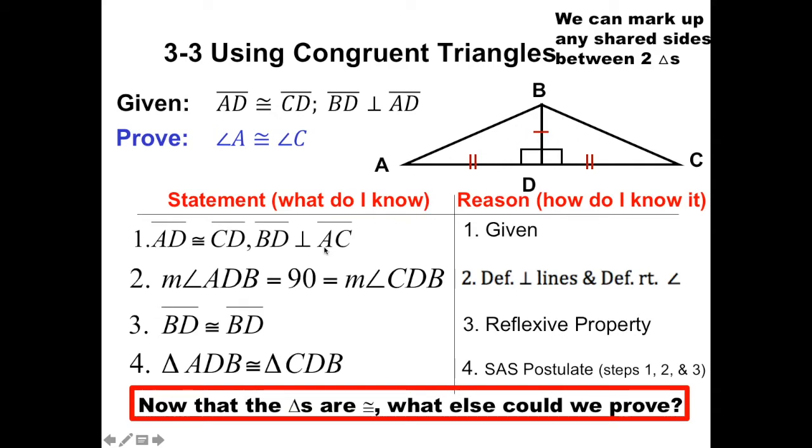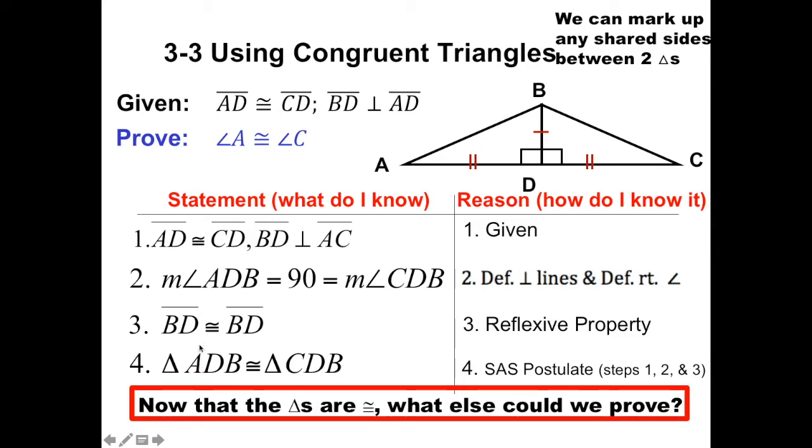So, wait, have we proven congruent triangles already? Yeah, we did in step 4, right? In step 4, we proved triangle ADB was congruent to triangle CDB. Okay, so were we allowed to say angle A is congruent to angle C?